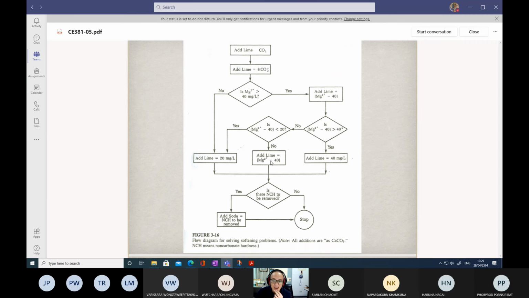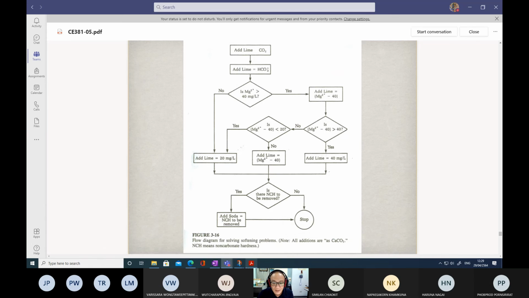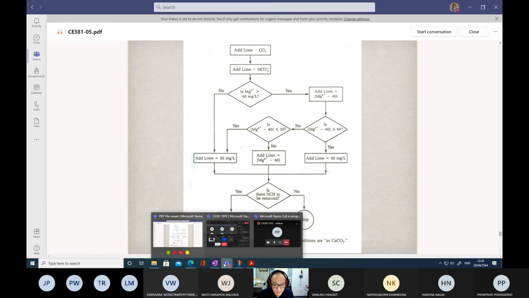We have to add an extra amount of lime equal to magnesium minus 40.